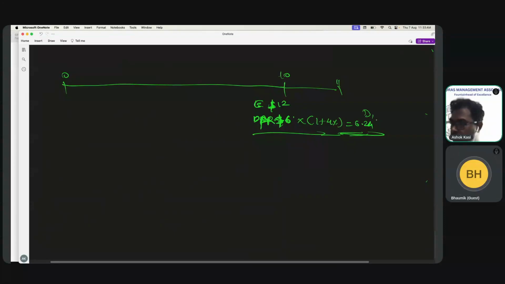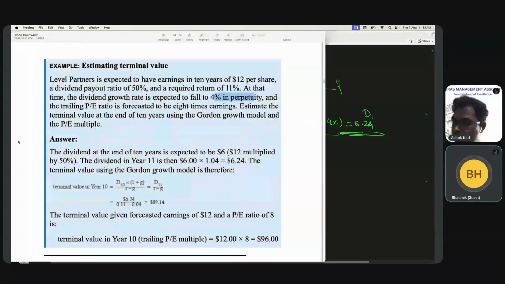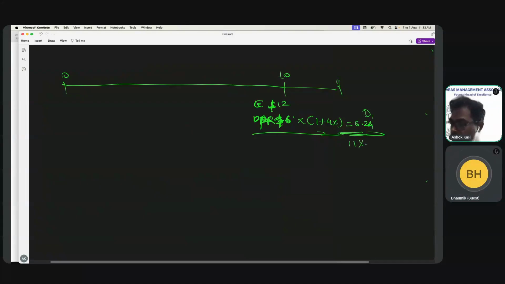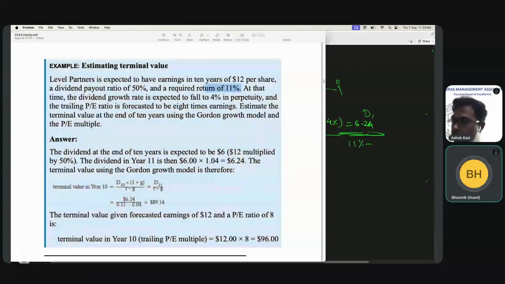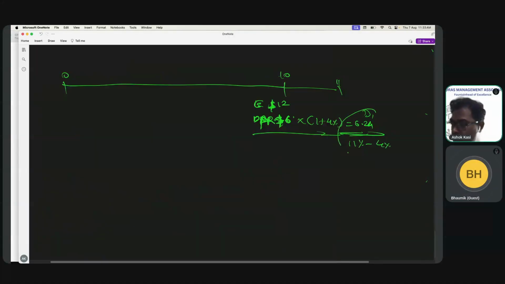So this becomes my D1, divided by R minus G. R is 11%, minus G is 4%, so 7%. Just calculate this. It comes to 89.14. This will push the price 1 year back.